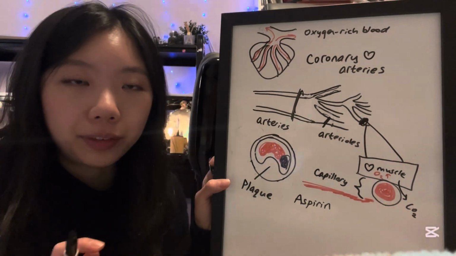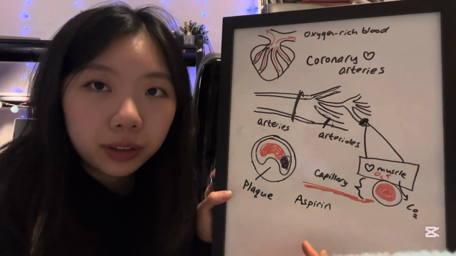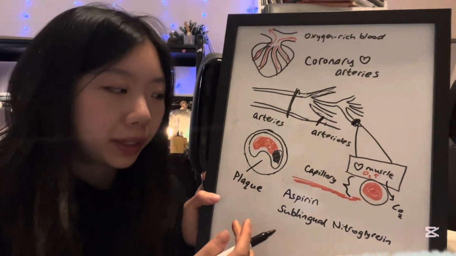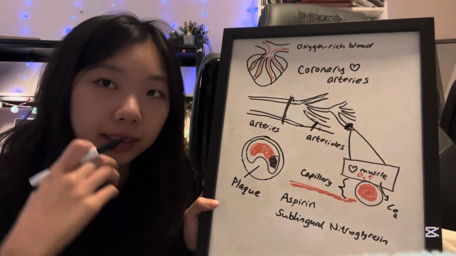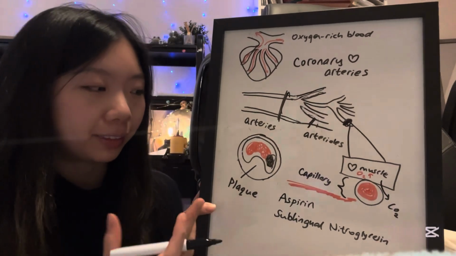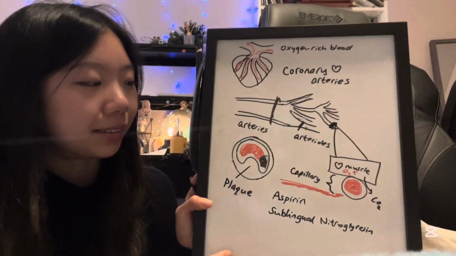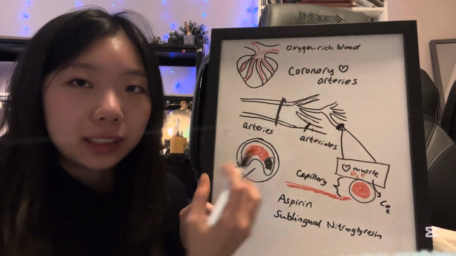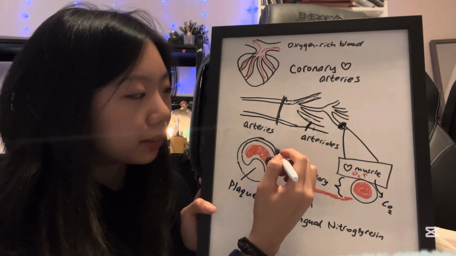Another thing that they gave you was something called sublingual nitroglycerin. By the way, sublingual means that it's administered underneath the tongue because that's where it's going to be absorbed really effectively and efficiently. Anyways, the sublingual nitroglycerin dilates the blood vessels.